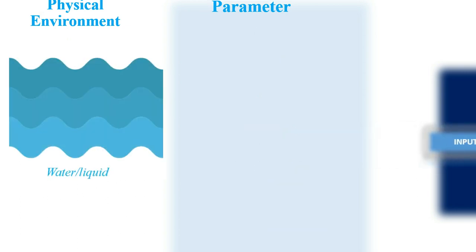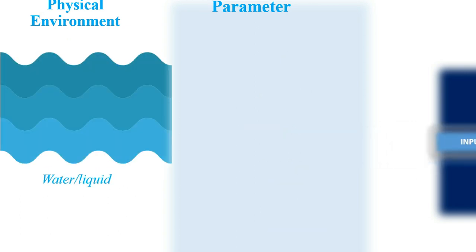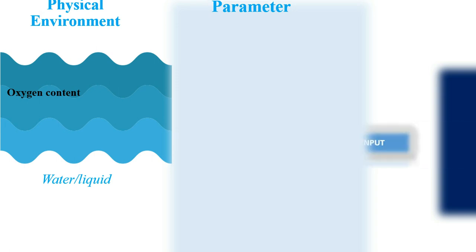And we also have liquid or water. I think we've talked about this. And here we can talk about the oxygen content. Let's just assume that you are having some fish in a certain pond.